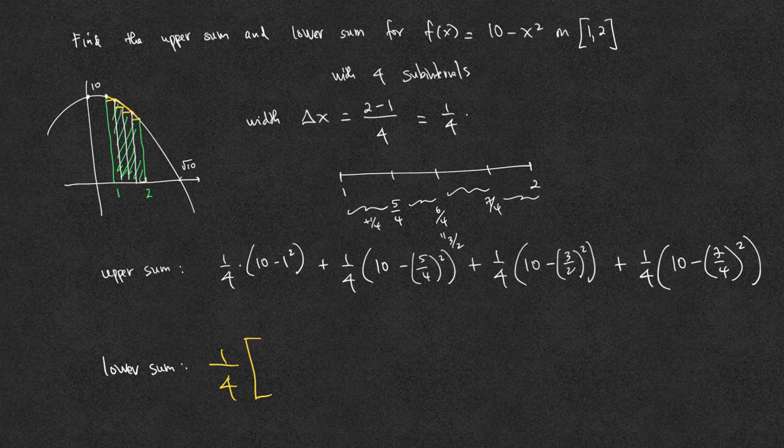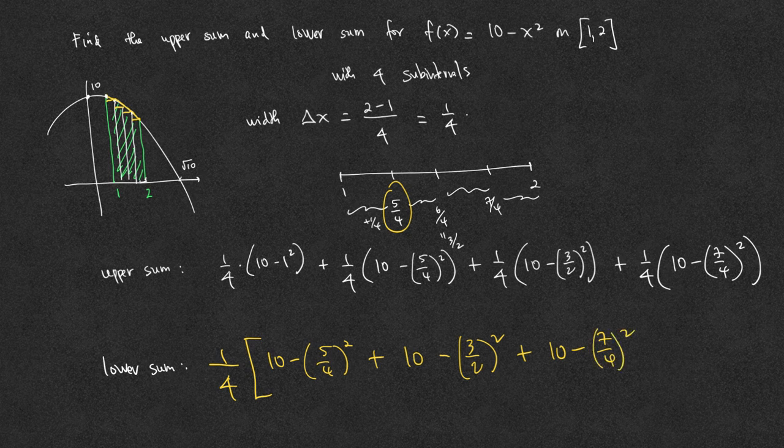The height for the first rectangle using the right endpoint, x is 5 over 4. So the height is 10 minus 5 over 4 squared. And then the next height is 10 minus 3 over 2 squared. And then the next height is 10 minus 7 over 4 squared.